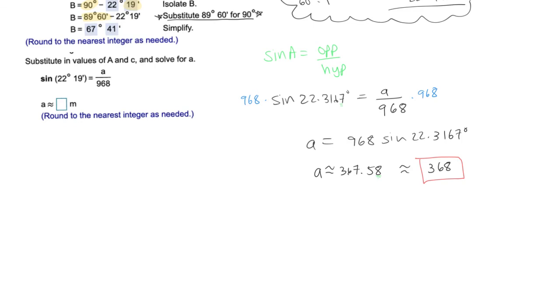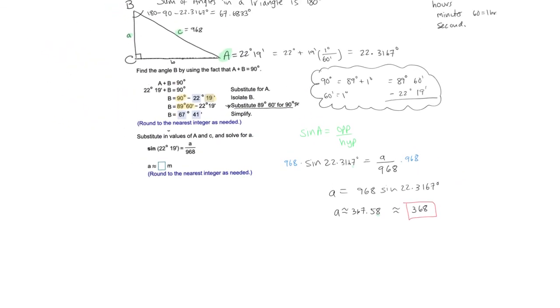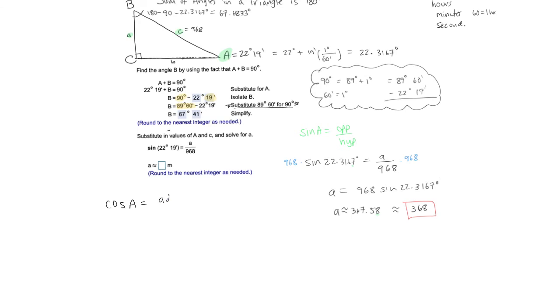So there's our A, and now if we're trying to find B, we can use adjacent and hypotenuse. Cosine of A is equal to the adjacent over the hypotenuse.